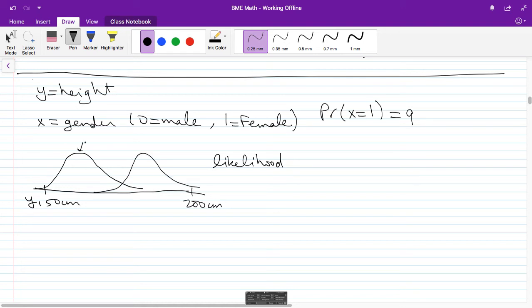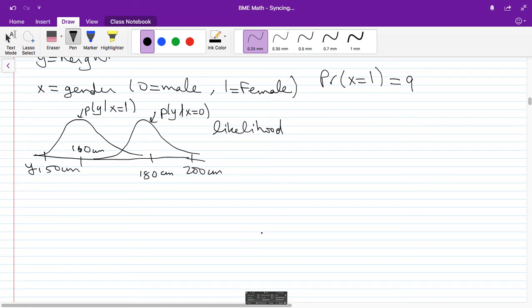So this is going to be P of y given that x is equal to 1. And we're going to have P of y given that x is equal to 0. So males and females, males have a height of about 180 centimeters, say females 160 centimeters on average.